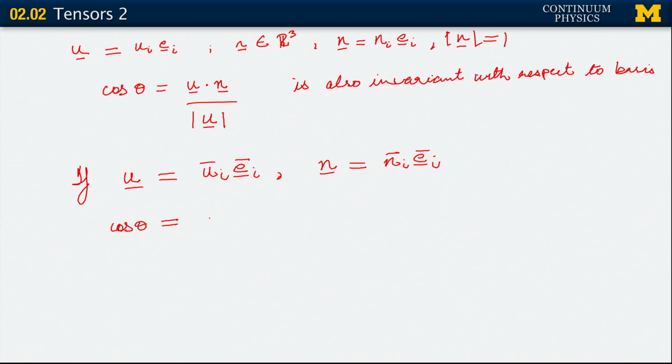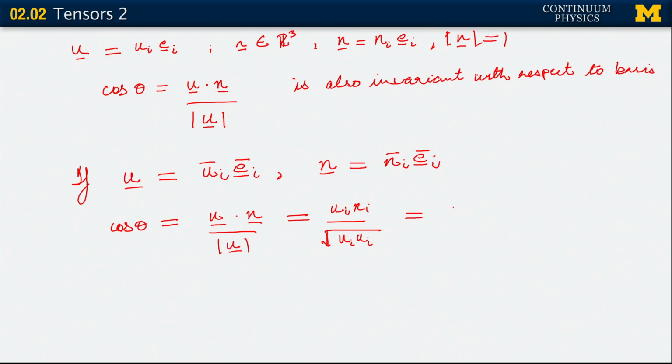is also equal to u dot n divided by the magnitude of u, which can now be written in terms of two different bases. We can write this dot product either as u_i n_i, and the magnitude as the square root of u_i u_i, where the sum on i is implied. So this is all in terms of the basis e_i.